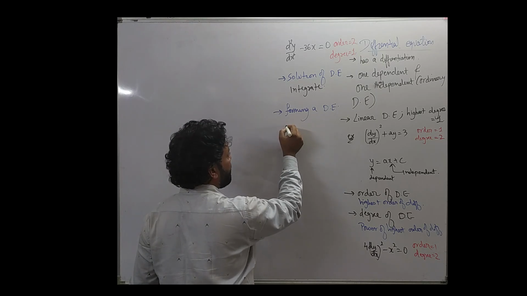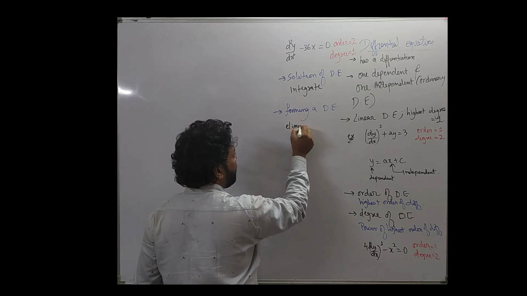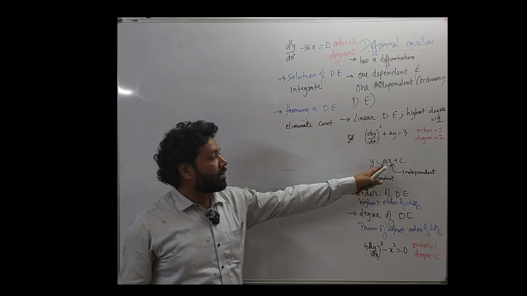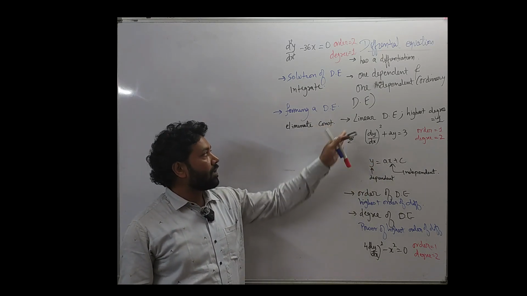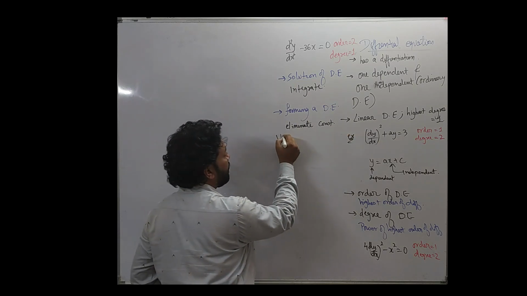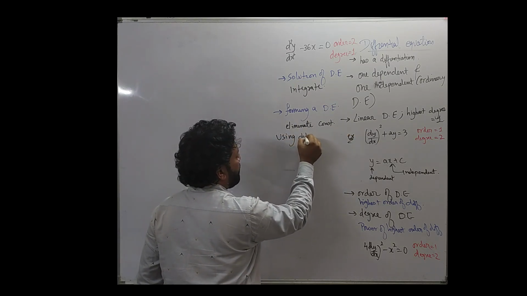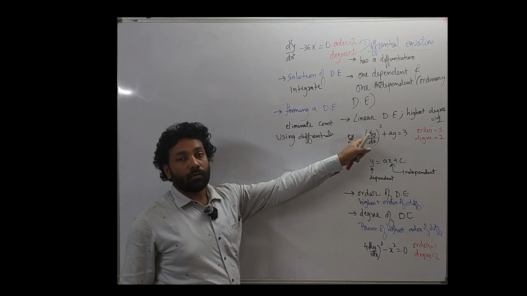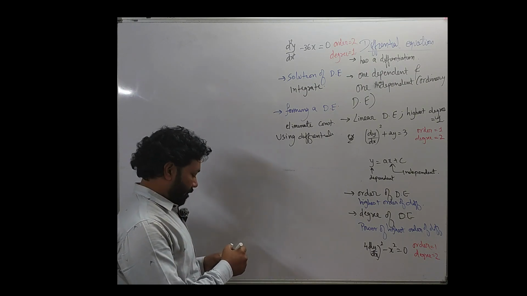There is just one simple step, that is to eliminate the constant. If you eliminate the constant, that is for sure done by differentiation, right? Using differentiation, if you eliminate the constant, it will get converted into the differential format.